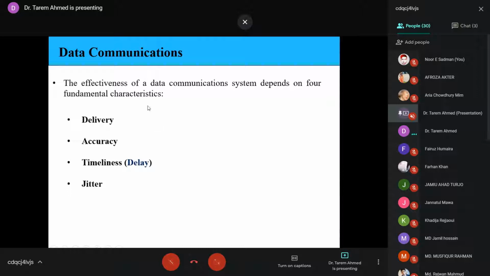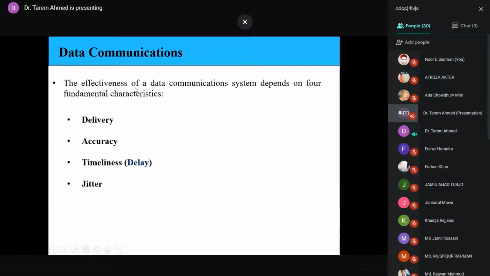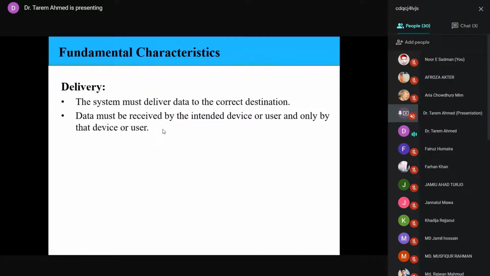So he has divided a communication system into 4 ways of judging its quality. First is delivery. For a system to be effective, we need the data to be delivered properly. By properly, it means it must deliver the data to the correct destination. Correct means to be received by the intended user and only by the intended user.